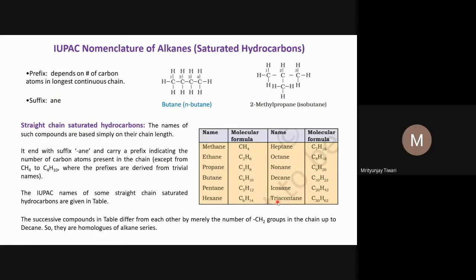So it represents 40, 50, like you know: tri, tetra, penta, hexa, something like this. It goes up to 9, meaning 90.